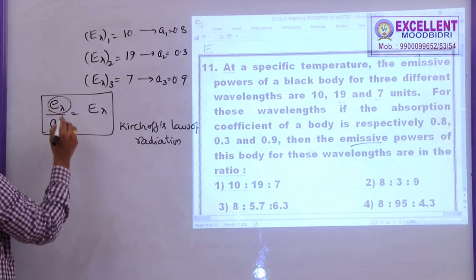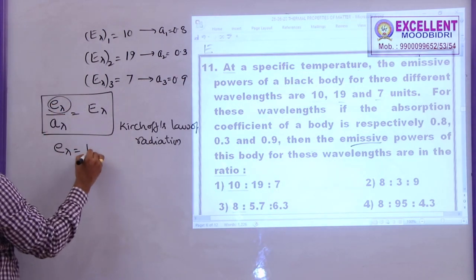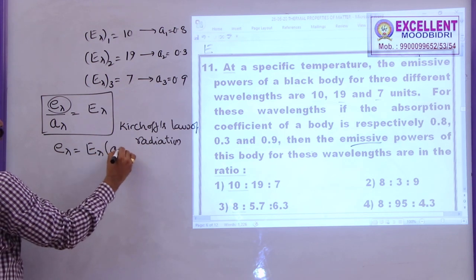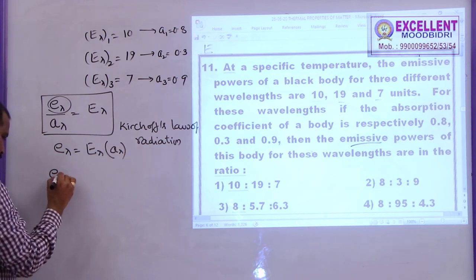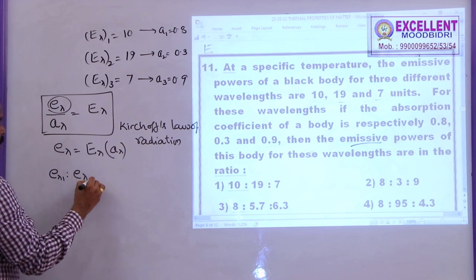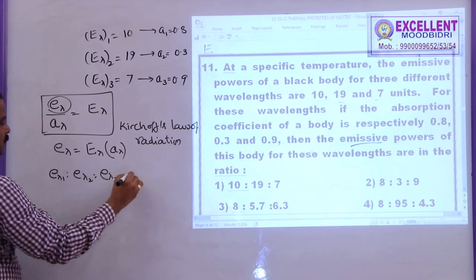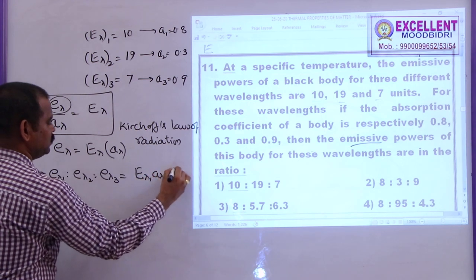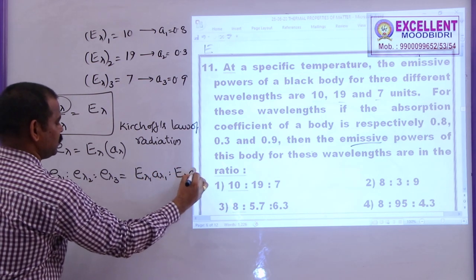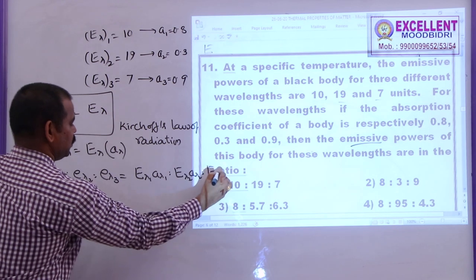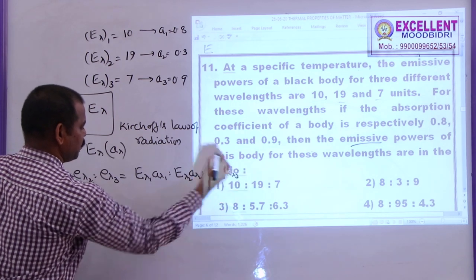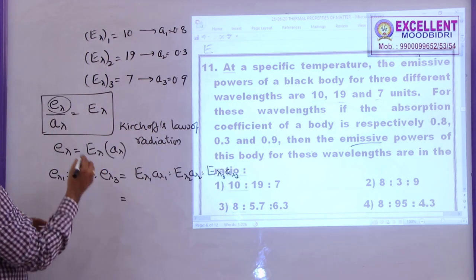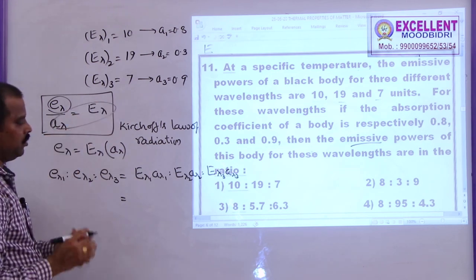This is the emissive power. So E lambda is equal to capital E lambda into A lambda. So E lambda 1 is to E lambda 2 is to E lambda 3 is equal to capital E lambda 1 A lambda 1 is to capital E lambda 2 A lambda 2 is to capital E lambda 3 A lambda 3.